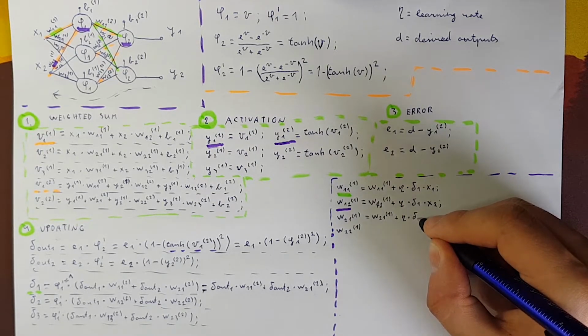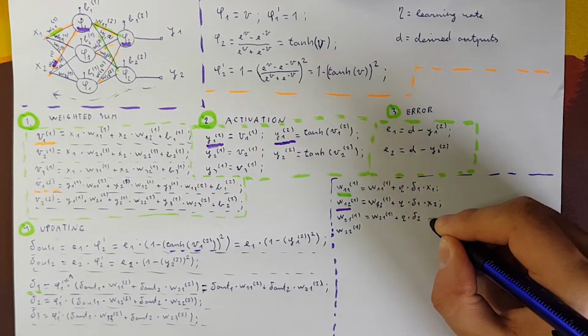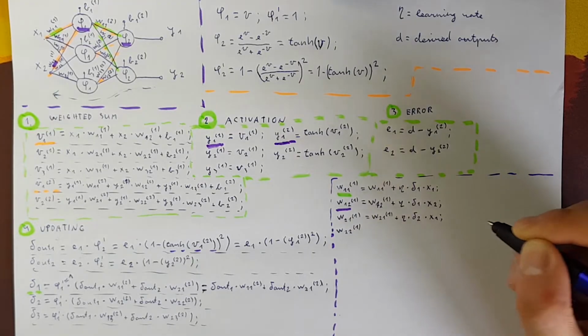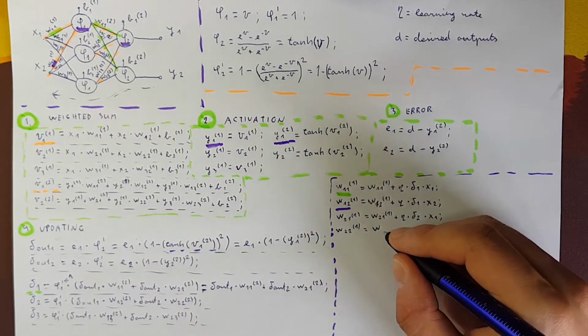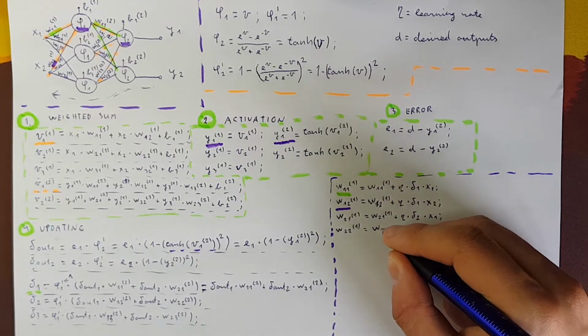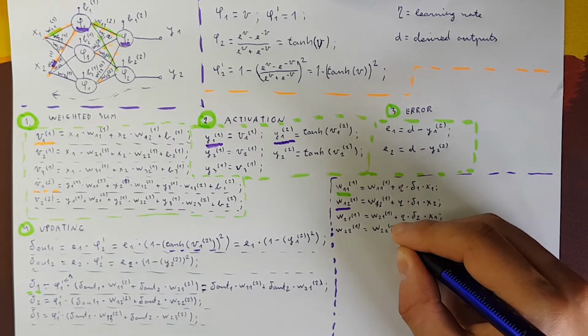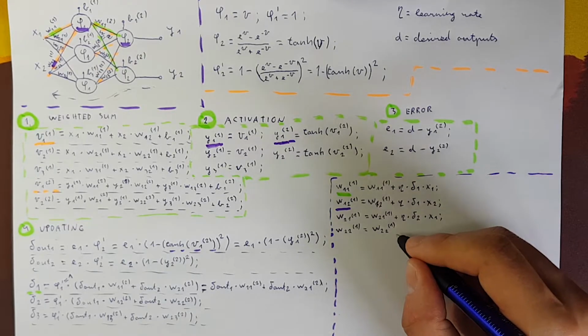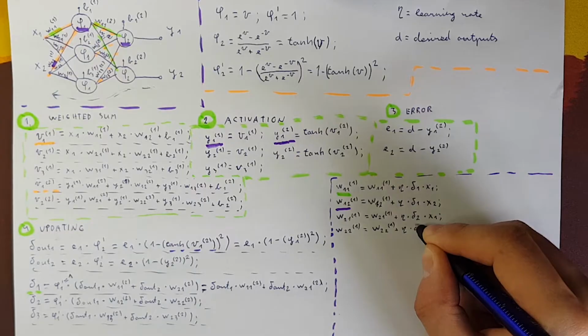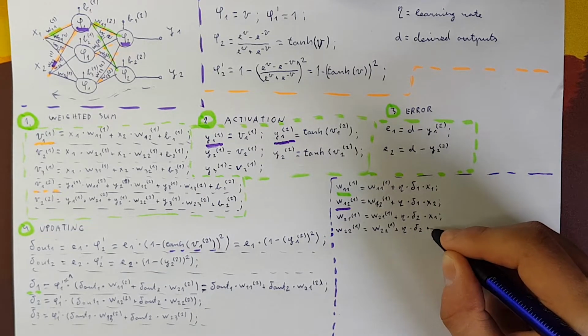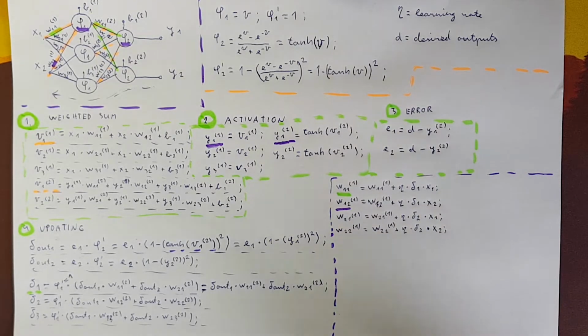So this is delta 2, and from which input it is. So x1. And the second weight for the second neuron of the first layer. I know that sounded intense. First layer, second weight, we add a learning rate multiplied by delta of that neuron and multiplied by the corresponding input.